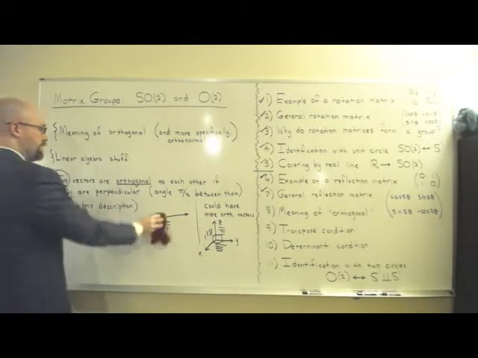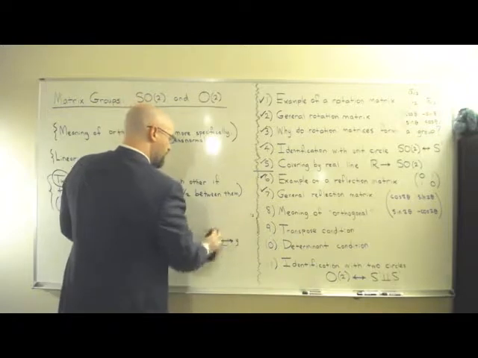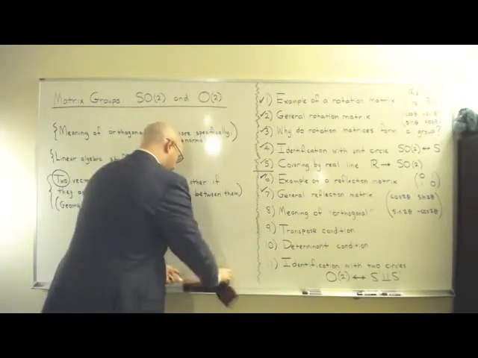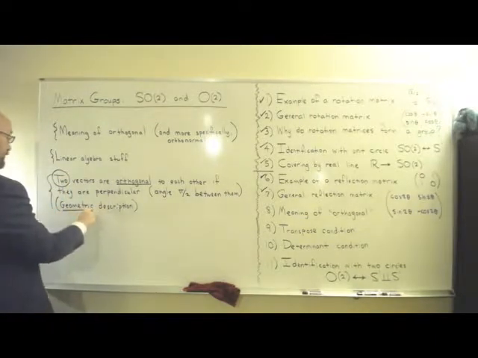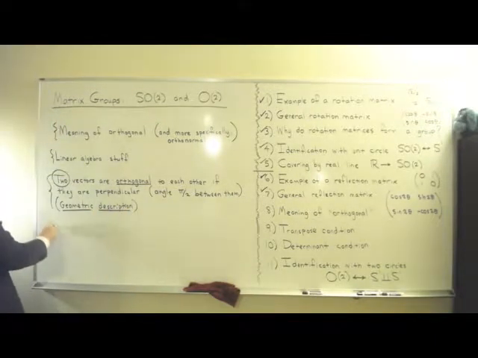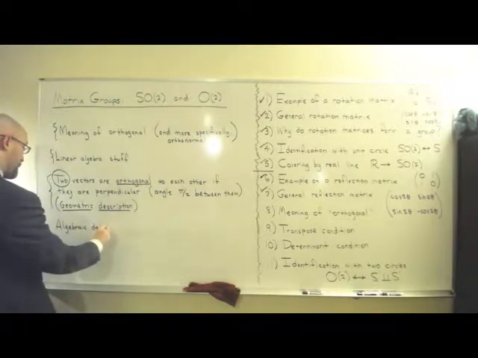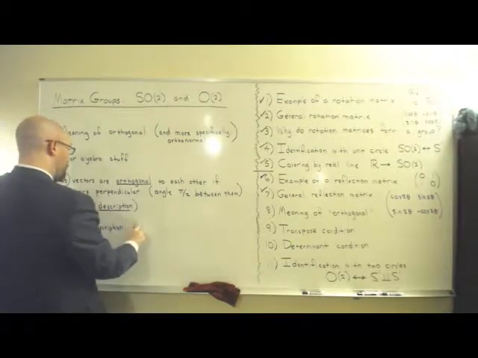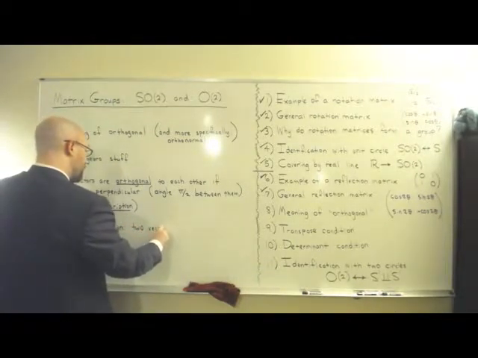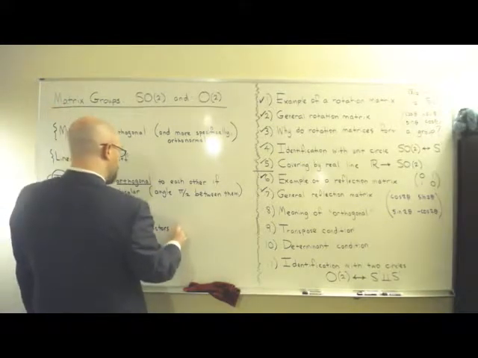Let me erase all this sort of commentary because I need this space. And then, so this is the geometric description. So what the algebraic description would be, so I'll say 2 vectors, and I will name them here because I'll need it to write an equation.